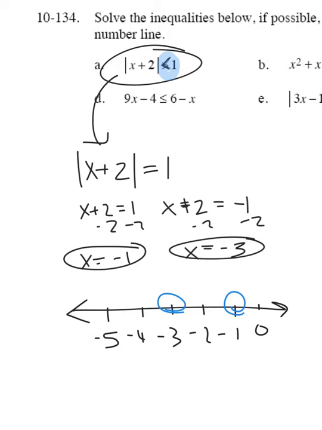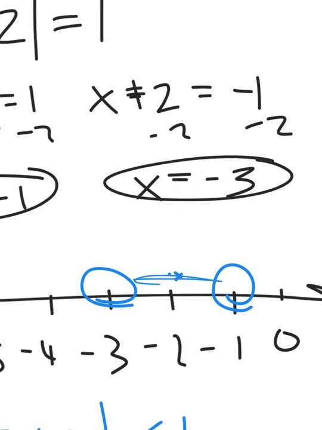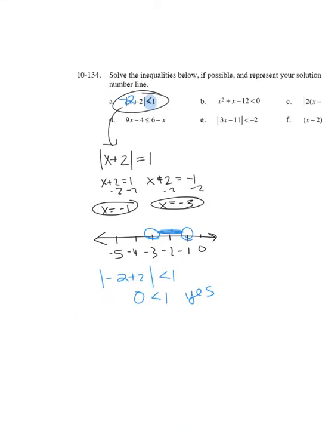I'll try testing negative 2 and we'll see what happens. If we put negative 2 into the original, negative 2 plus 2, absolute value, is that less than 1? Absolute value of 0 is 0. Is that less than 1? Yes. So our shading will be inside the boundary points.